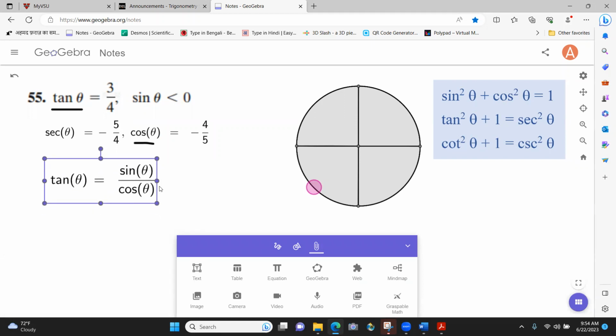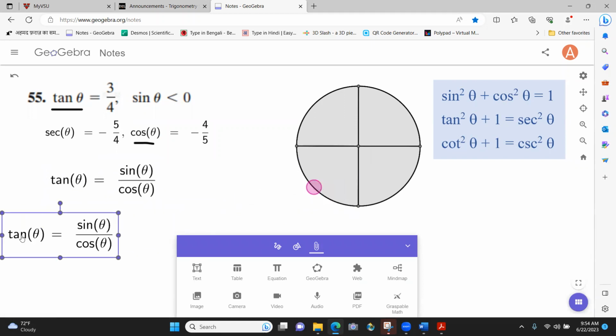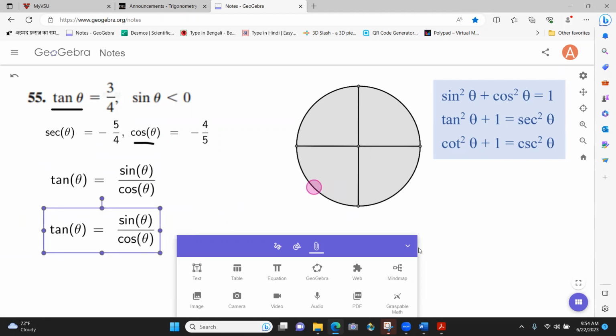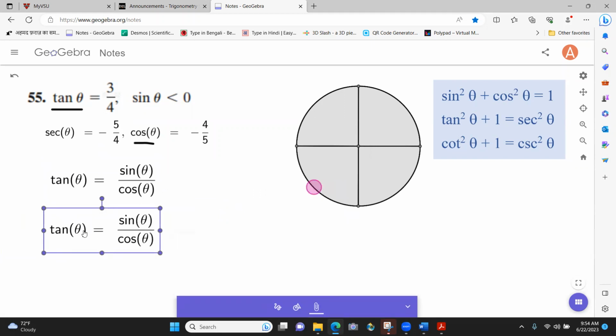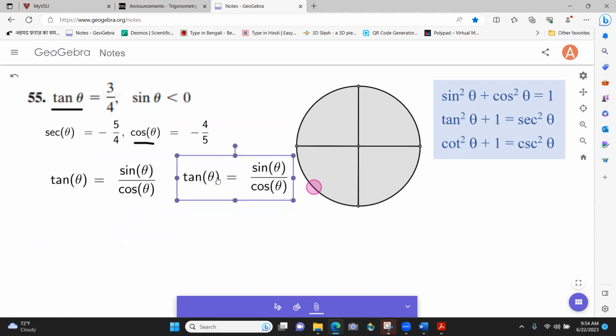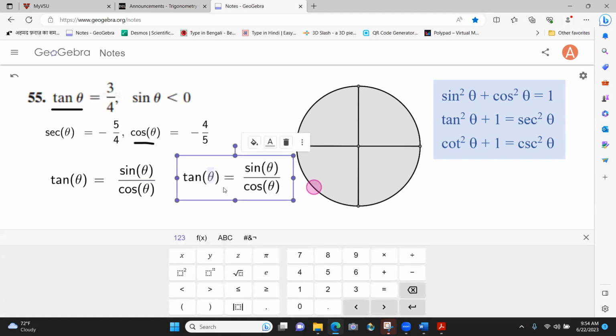So I'm going to do some replacement and I'm going to do some work with fractions. Instead of tan theta, I'm going to write 3 over 4. Why? Because that's given. Instead of cosine theta, I can write negative 4 over 5.